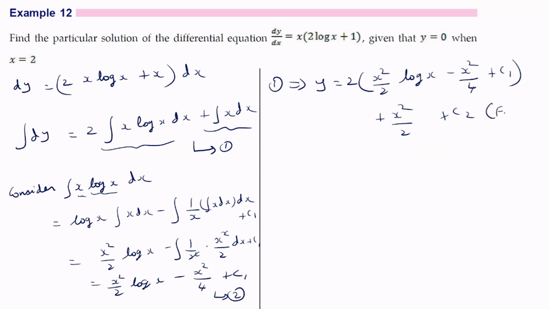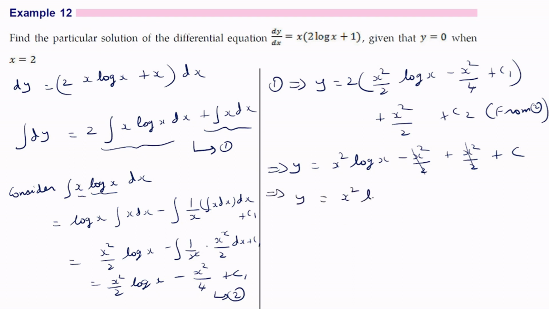This is from 2. So from this we get y is equal to x square log x minus x square by 2 plus x square by 2. So here plus 2 c1 plus c2, let us have it as a single constant c. So minus x square by 2 plus x square by 2 will go. So we get y as x square log x plus c.